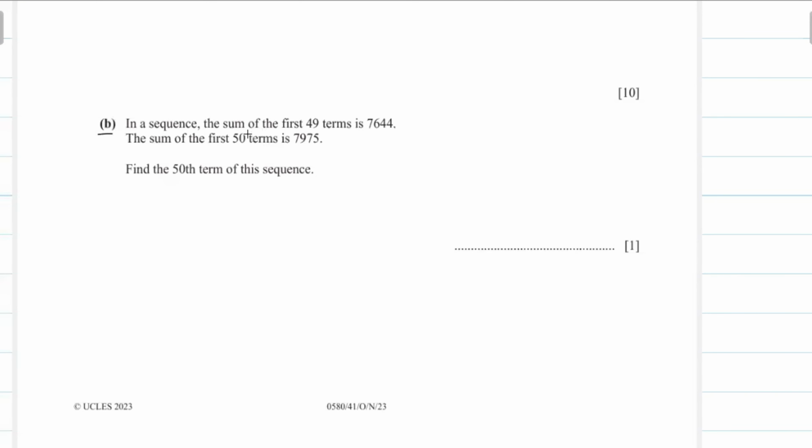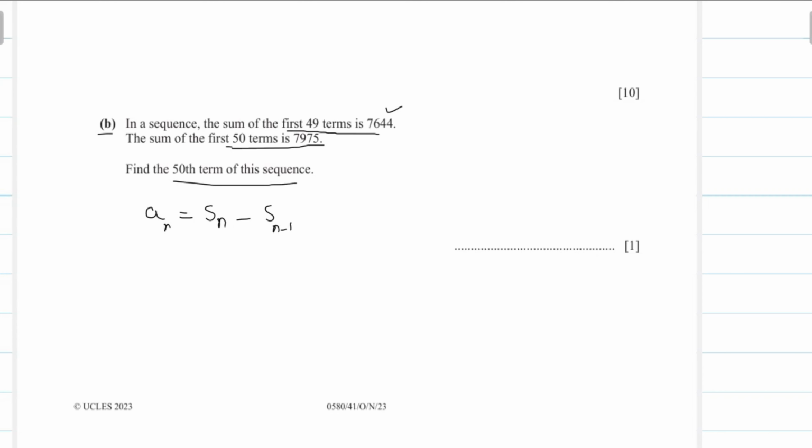Part B. In a sequence, the sum of the first 49 terms is 7644. The sum of 50 terms is 7975. Find the 50th term of this sequence. You see here Sn minus Sn minus 1, we can get that term value.